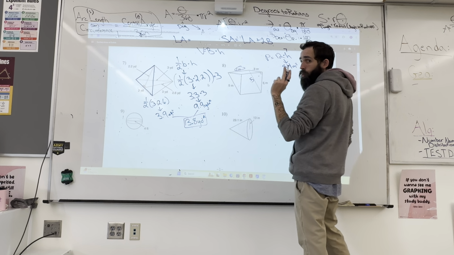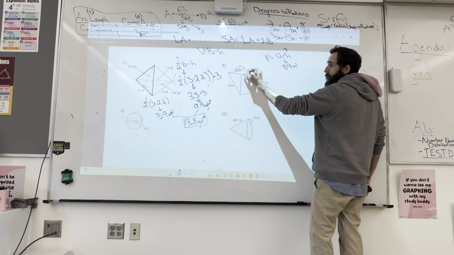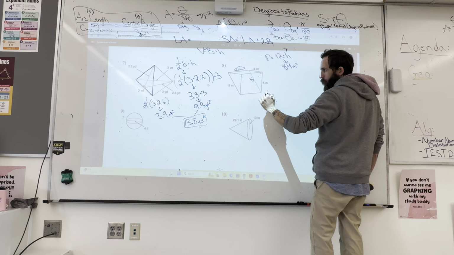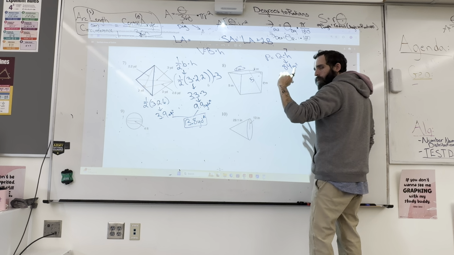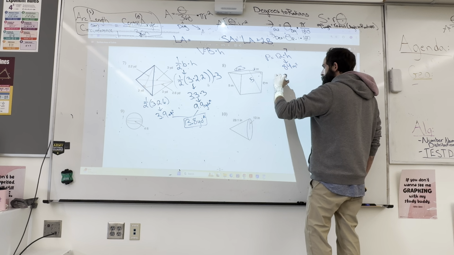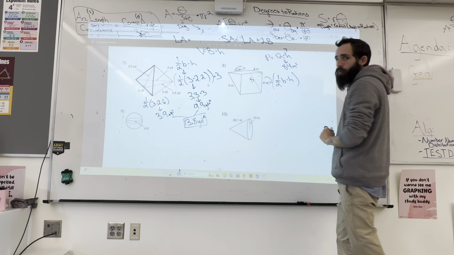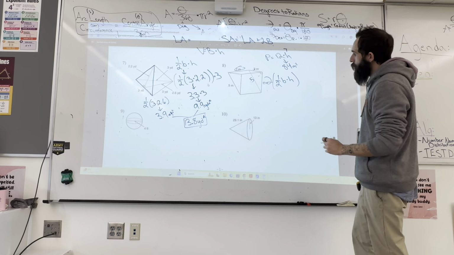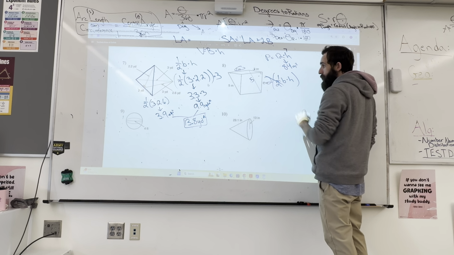However, we also have two triangular bases we must include. 1/2 base times height for each triangle. Let's show you a trick. I have 1/2 base times height, and I have two triangles that will follow that formula. If I multiply the 2 into this formula, it cancels out the 1/2.